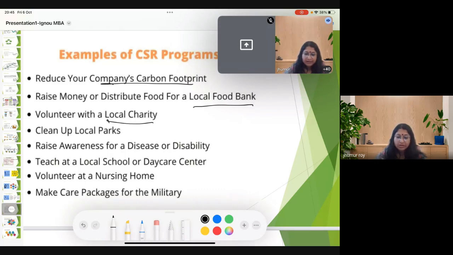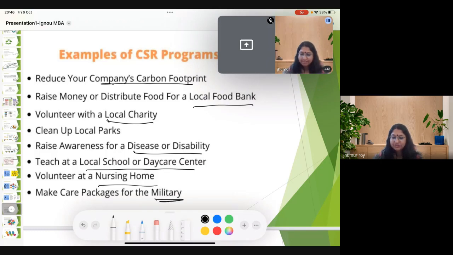Then local charity. So local charitable organizations are there, like you have people who are staying in old age homes, children who are orphans, then you have people who are suffering from different disabilities or diseases like cancer and HIV positive, etc. Then you also have local schools and daycare centers where people can work, nursing homes and military also.